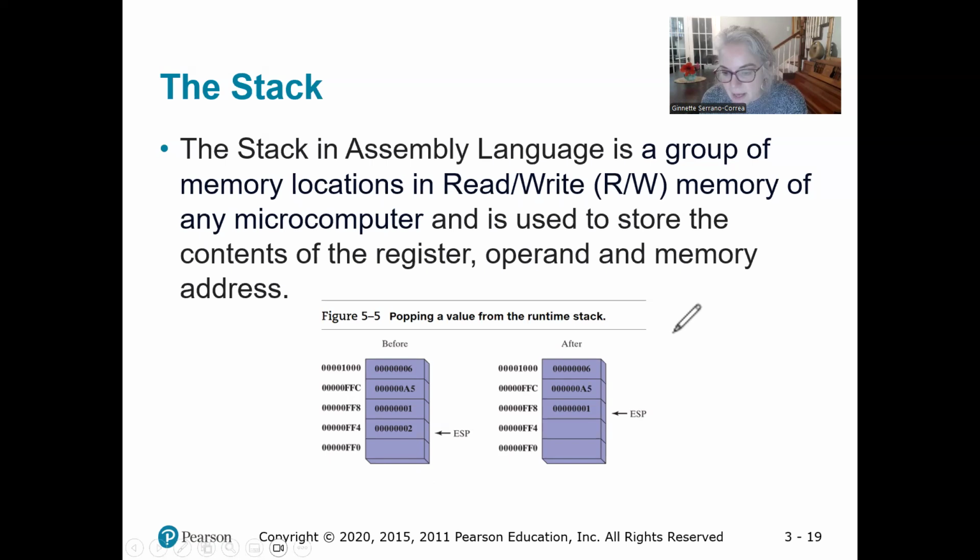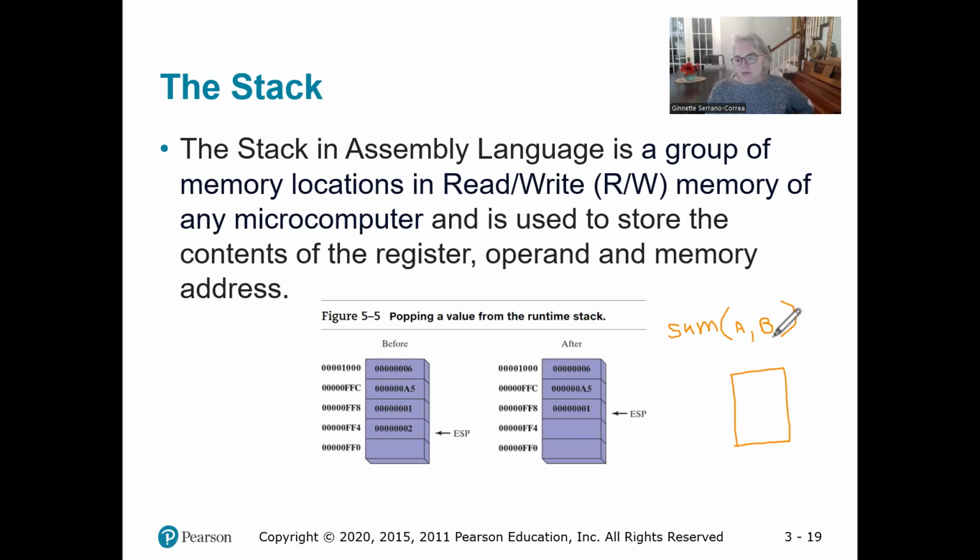When I have a function in a high-level language like the function sum, and I pass it two values, let's say A and B, these values go onto this runtime stack. So I'm going to draw my runtime stack over here. There's got to be a rule that says, do I put A on the stack first or do I put B on the stack first?